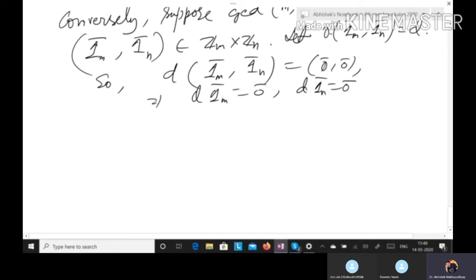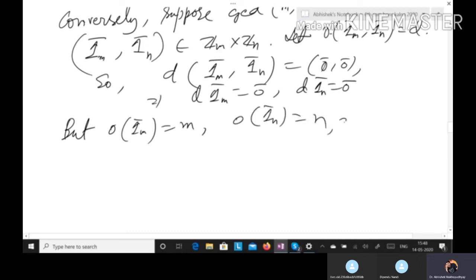But 1m plus is a generator of the group Zm. So the order of 1m plus is m and the order of 1n plus is n, which implies that m must divide d and n must divide d.